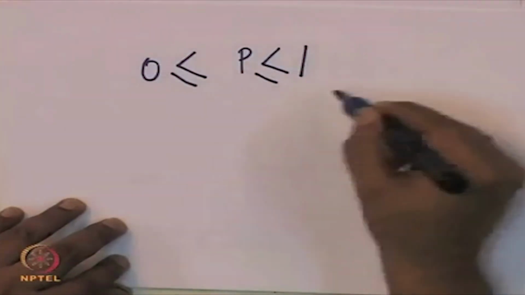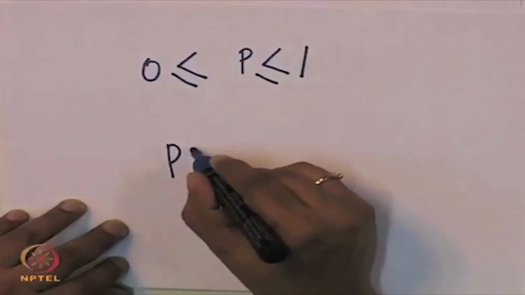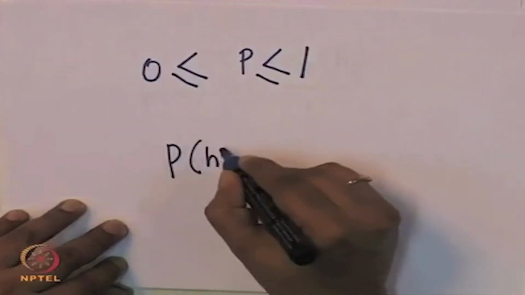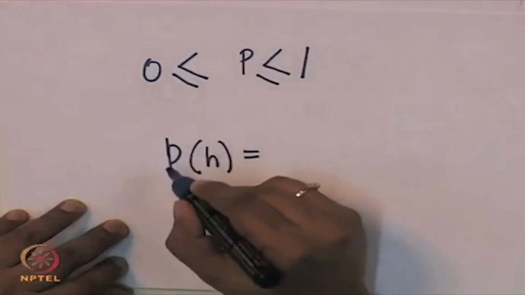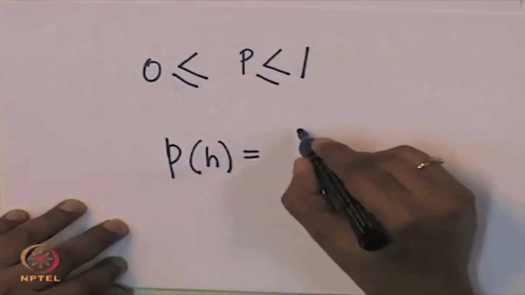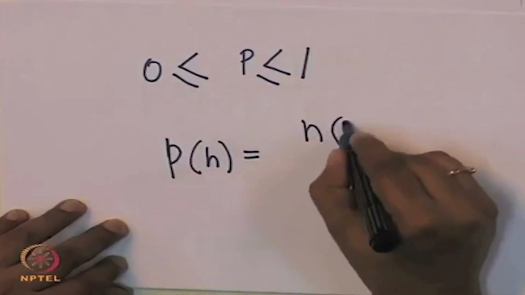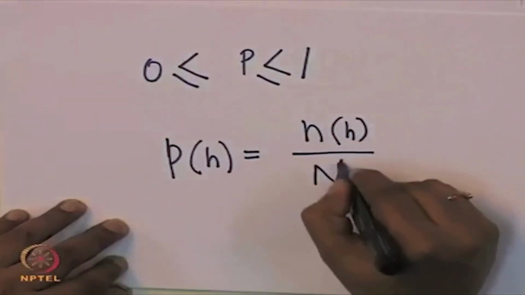So, probability is some number between 0 and 1, and the probability that you have a height h is what we actually defined now: the number of students having that height h divided by the total number of students.